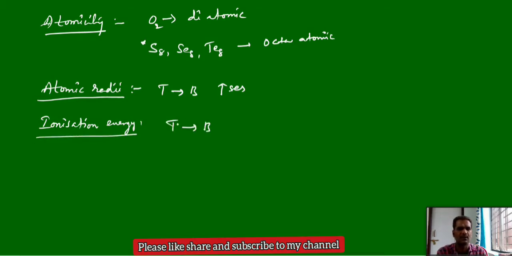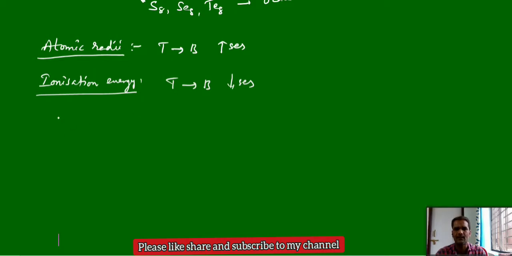Why? Because the nuclear force on the valence electron will decrease, because the size increases. Then ultimately ionization energy decreases. And next, other properties: electronegativity and electron gain enthalpy. Electronegativity.